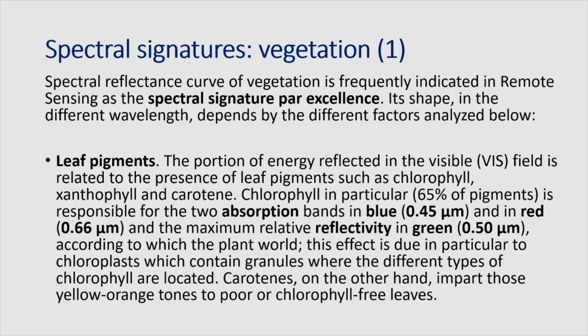This effect is due in particular to chloroplasts, which contain granules where the different types of chlorophyll are located. Carotenes, on the other hand, impart those yellow-orange tones to poor or chlorophyll-free leaves.